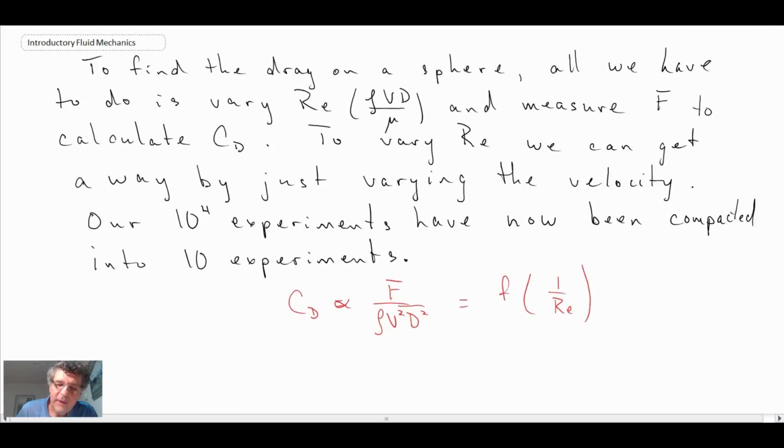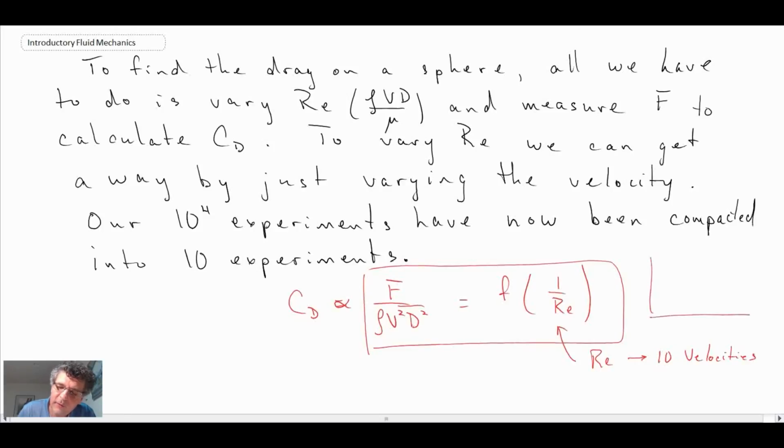And so this is the functional relationship that we're after. In order to do the experiments, all you need to do is vary Reynolds number. If we do 10 tests, you could have 10 velocities, and with that, you would get some sort of functional relationship with 10 points. Now, I don't know if it's linear or non-linear, so it might be flat. It probably is flat for a drag coefficient.